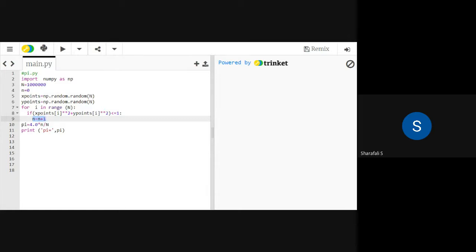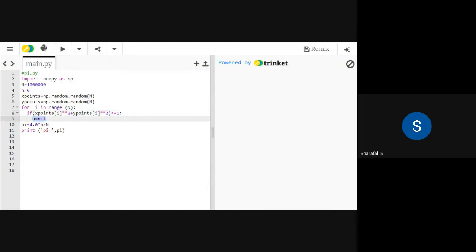n will become 1 now. If it is less than or equal to 1, it means that point is coming within that quadrant, within the area of that quarter circle. If it is coming within that, then n becomes n plus 1.